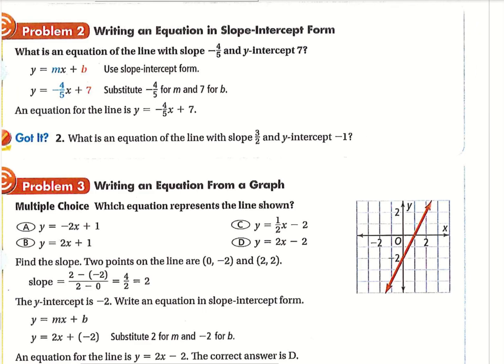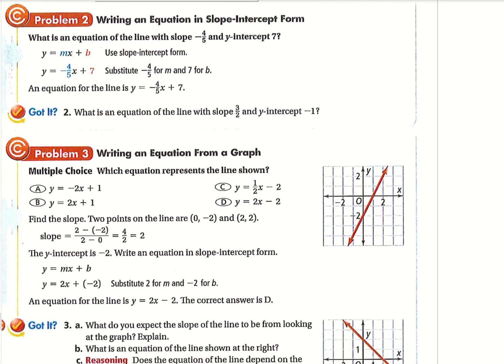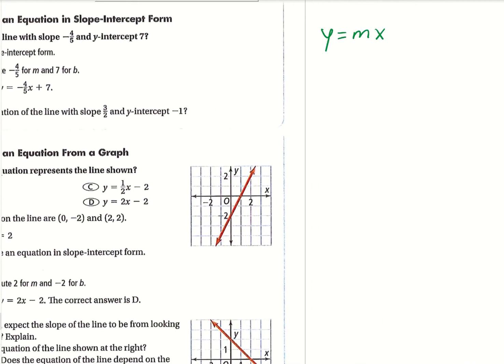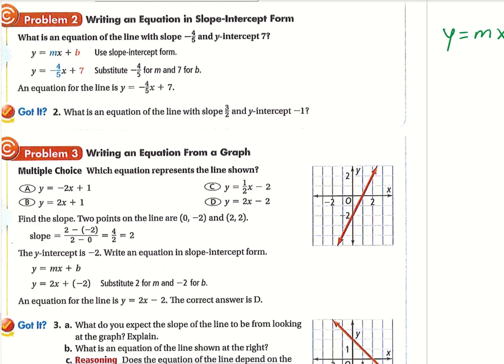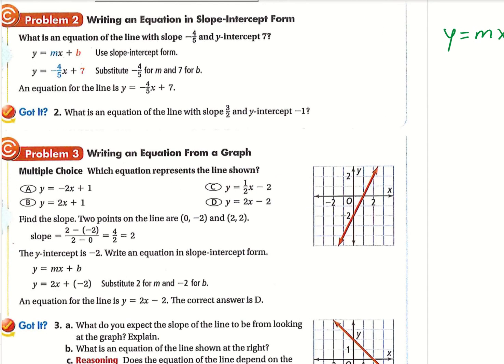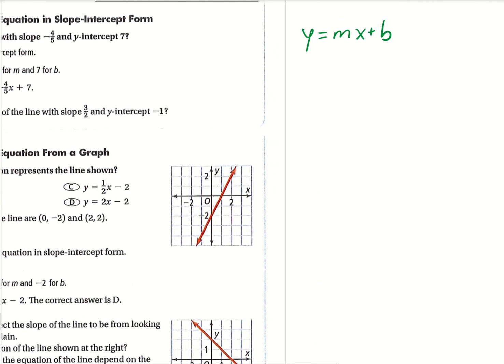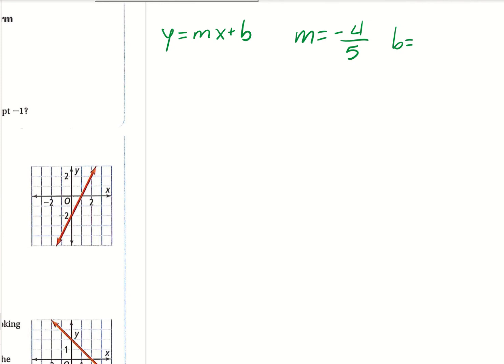For problem 2, we're doing the same thing as problem 1, but now we're going the other direction. We're going to start out with y equals mx plus b. And then it says, what is an equation of the line with slope negative 4/5 and y-intercept of 7? So we have m equals negative 4/5 because m is slope, and then b, or y-intercept, equals 7.